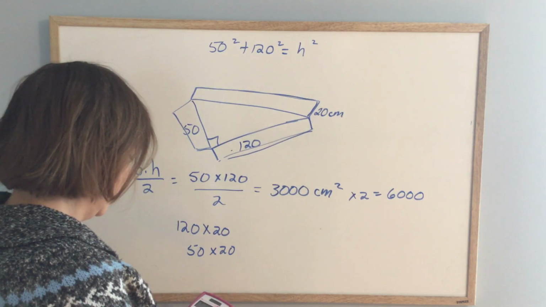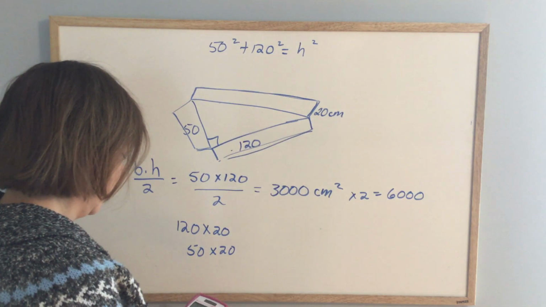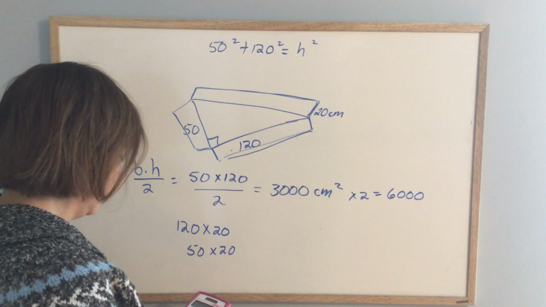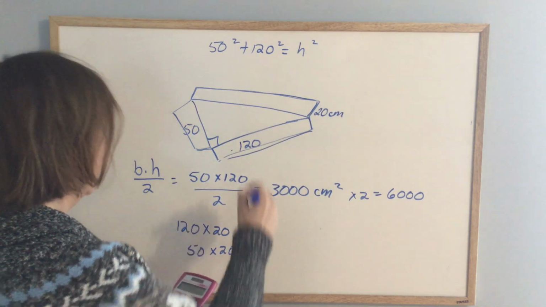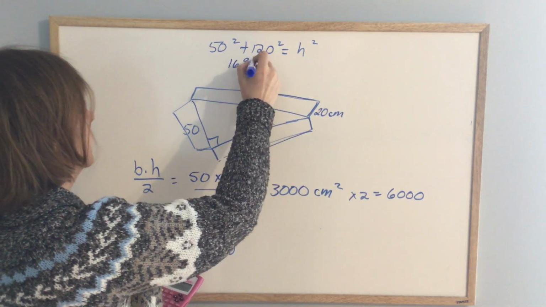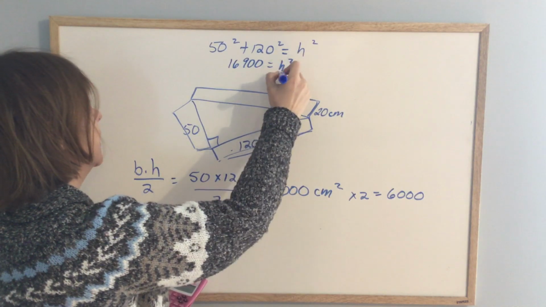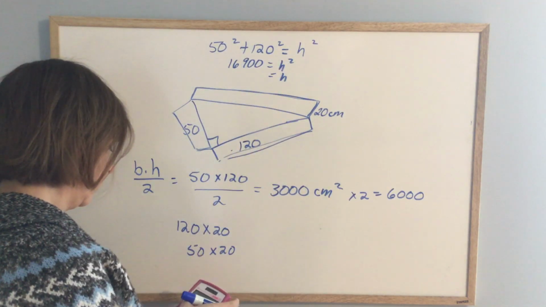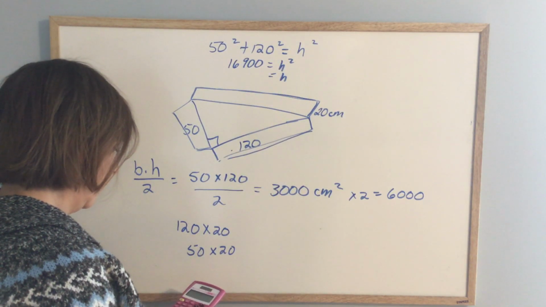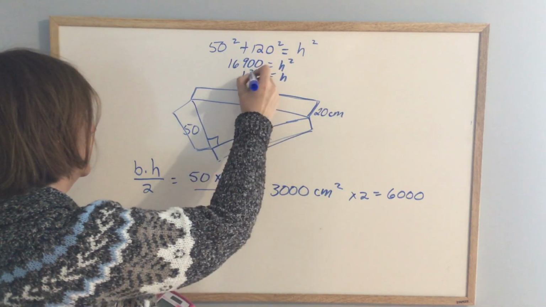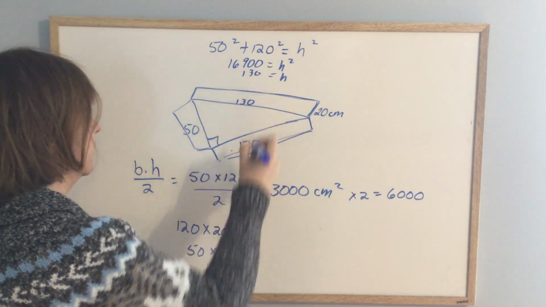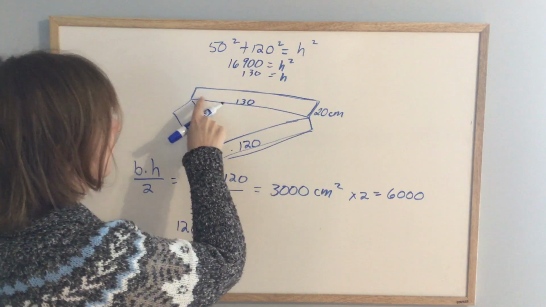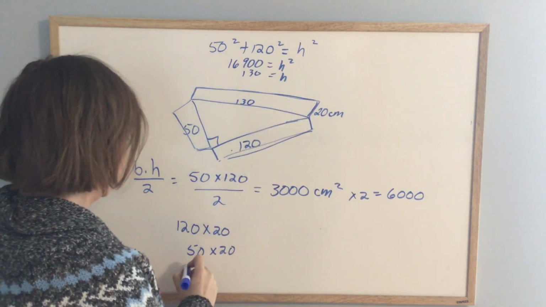And so 50 squared plus 120 squared is 16,900. That's h squared. So h would be the square root of that, which is 130. So this is 130. So the rectangle is 130 by 20.